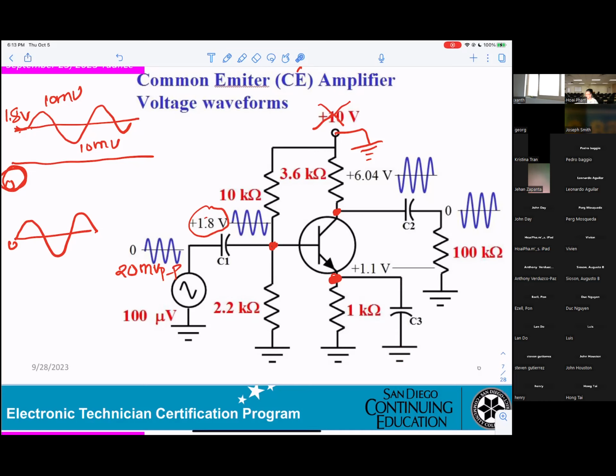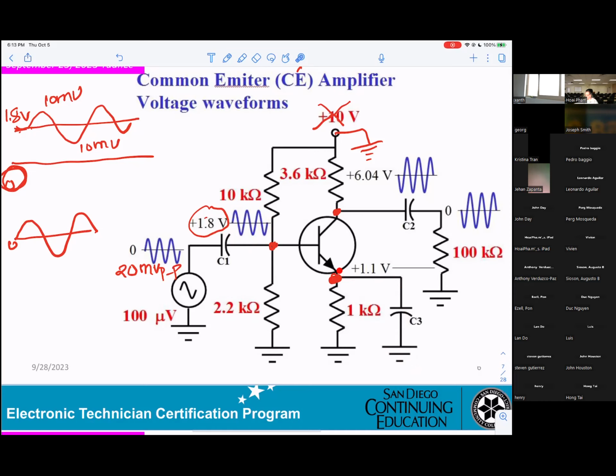What I'm saying is, if you're looking at this point, you cannot see this sine wave. The AC will be shorted to the ground.